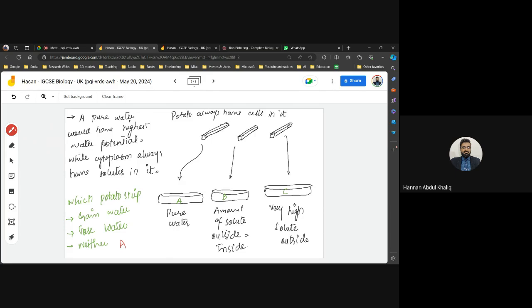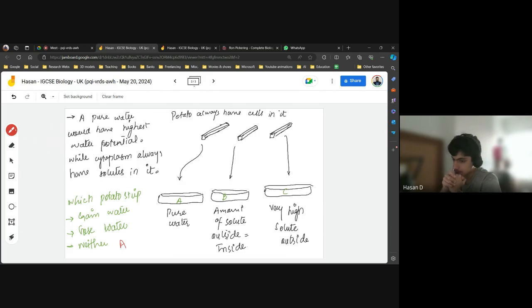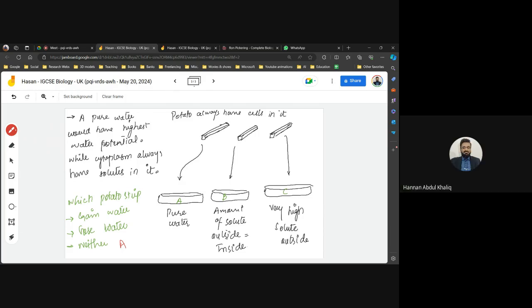Okay. What did we say about pure water? We said pure water has the highest water potential, and potato has cells in it. If you put the potato in pure water, the pure water would always have the higher water potential.